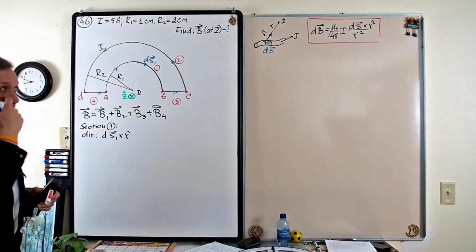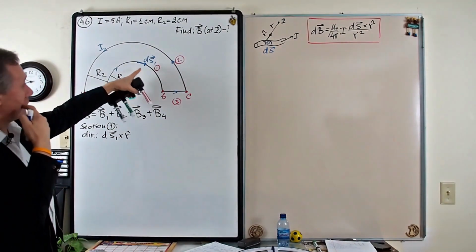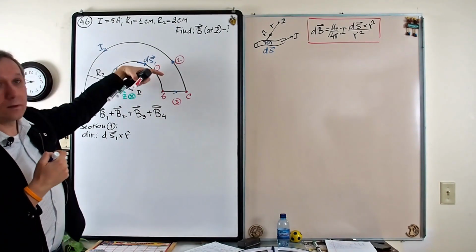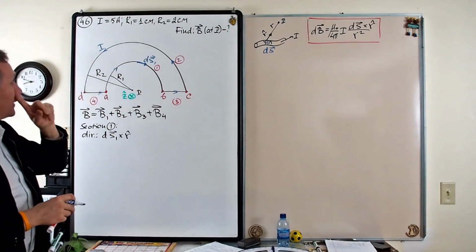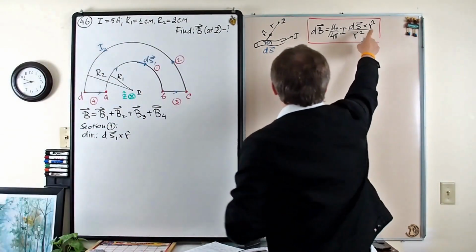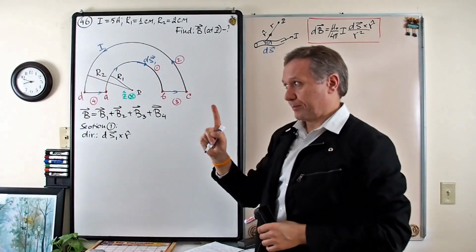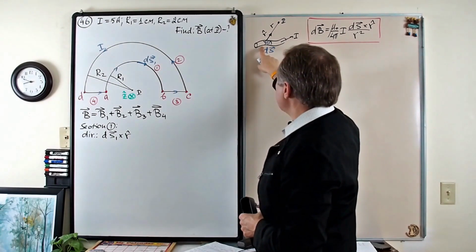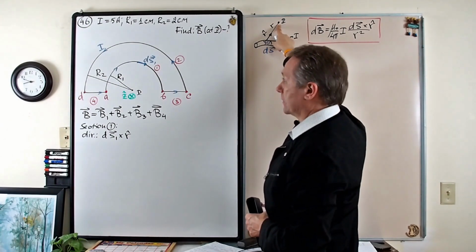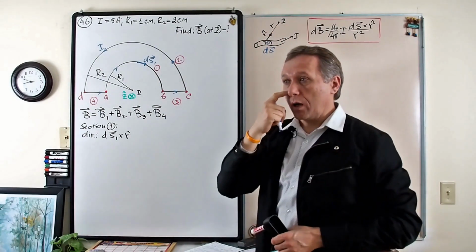And again, you remember, the direction of ds is determined by the direction of the current. Current flows this way, so the direction of ds is tangent, of course. Then r hat, according to these formulas, shows a direction from ds to the point where we want to find the magnetic field, again, from ds to the point P.